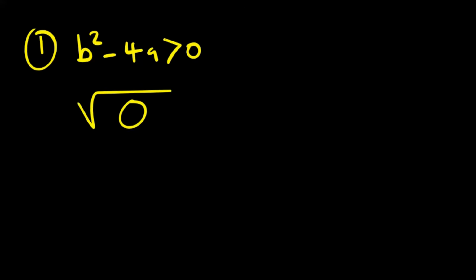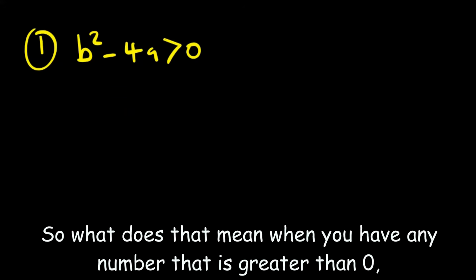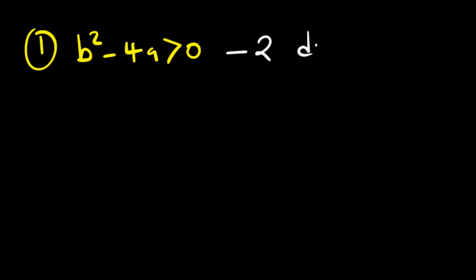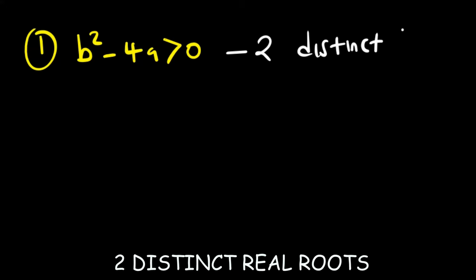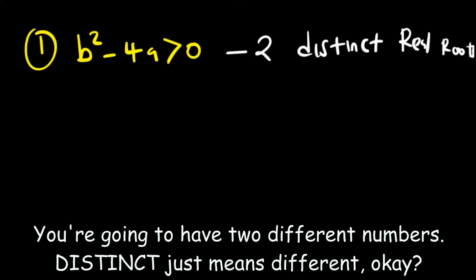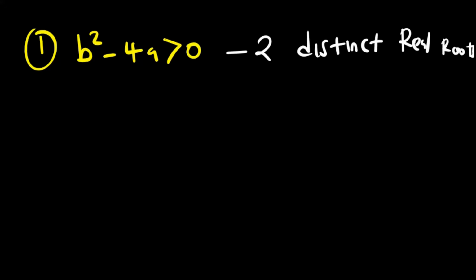So when you solve your equation, you're going to have two distinct real roots. You're going to have two different numbers. Distinct just means different.